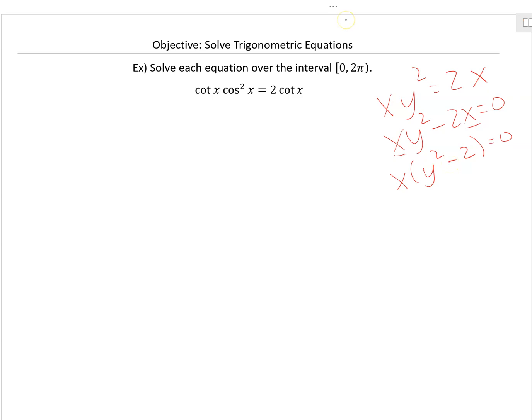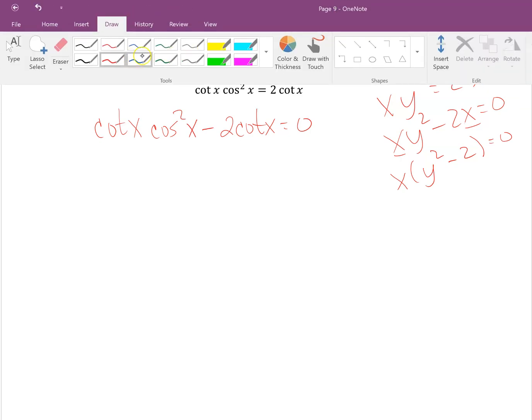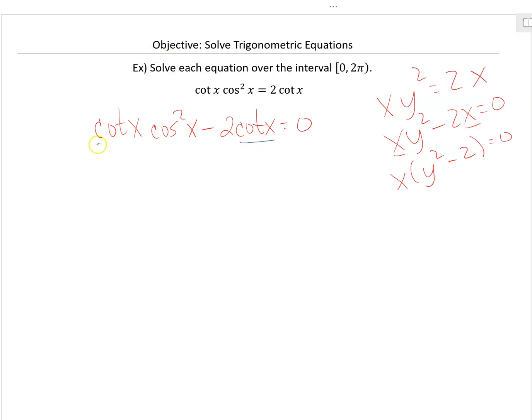So what I'm going to do here is subtract this cotangent of x. So I have cotangent of x times the cosine squared of x minus 2 cotangent of x equals 0. And as I said here, cotangent of x is a common factor, a GCF, so I'm going to factor it out. And that would be times, in parentheses, cosine squared of x minus 2.